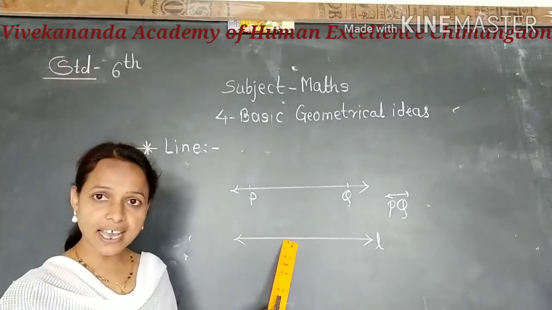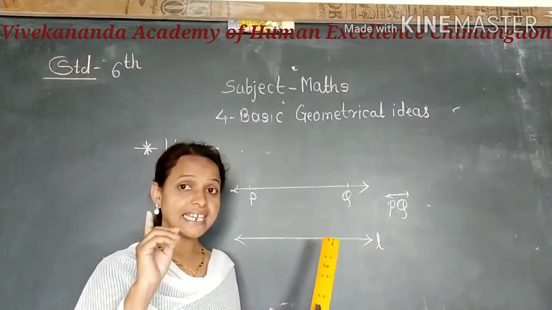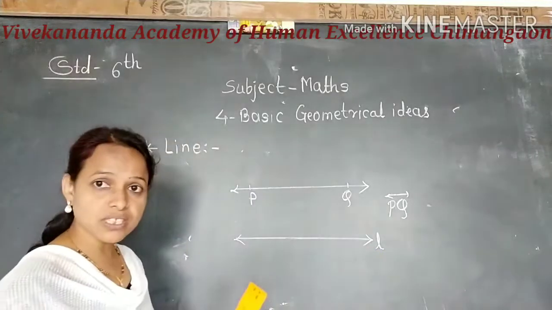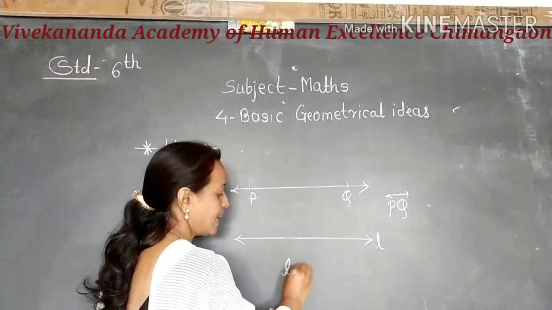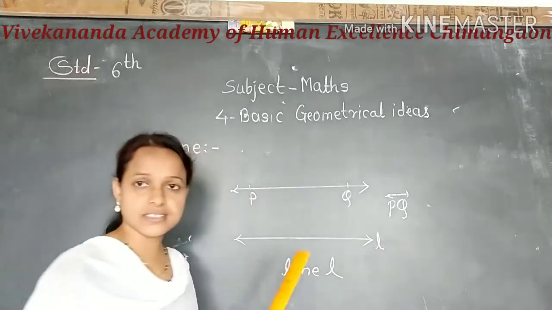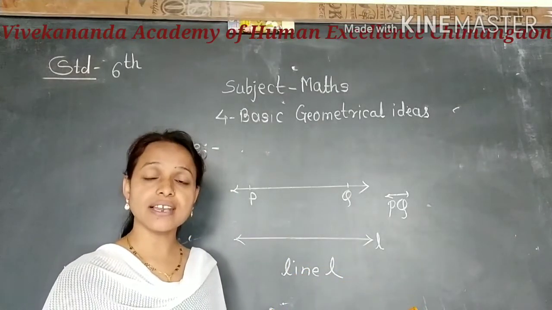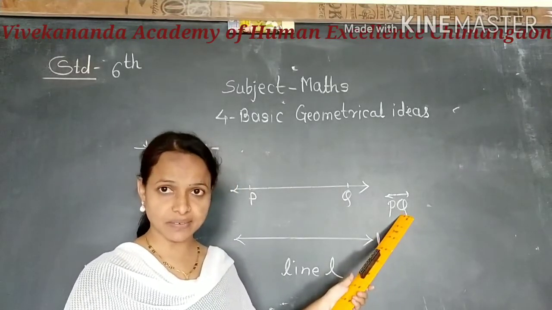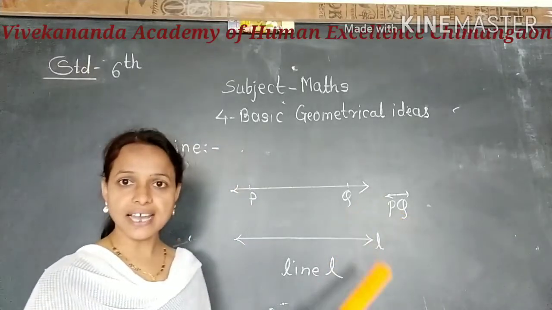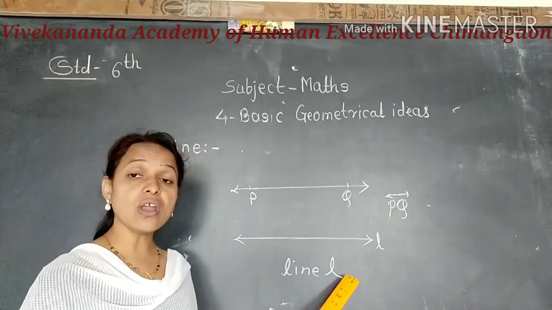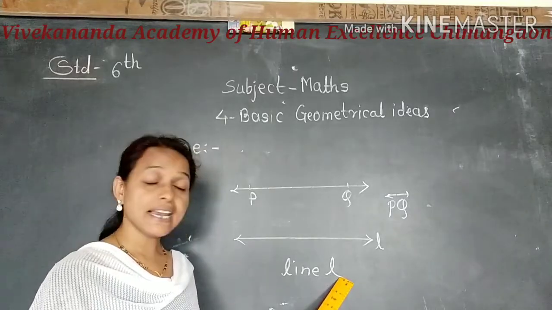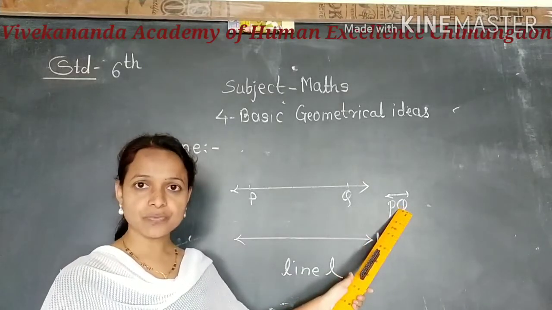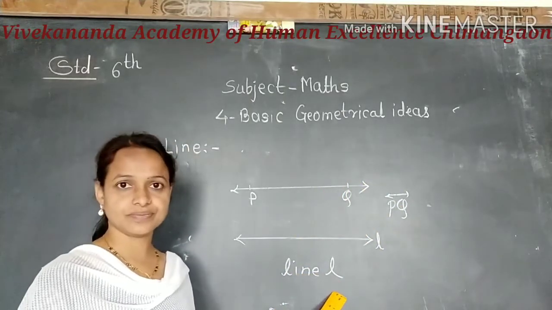Means we can denote a line by using a single English small letter. Here we denote the line by using the English small letter l. See, students, we can denote a line by using 2 English capital letters, or by using a single small English letter. So we can denote here line PQ or line l.